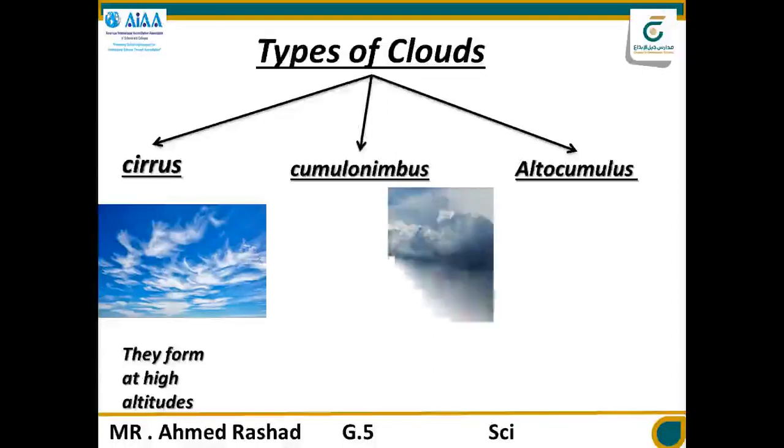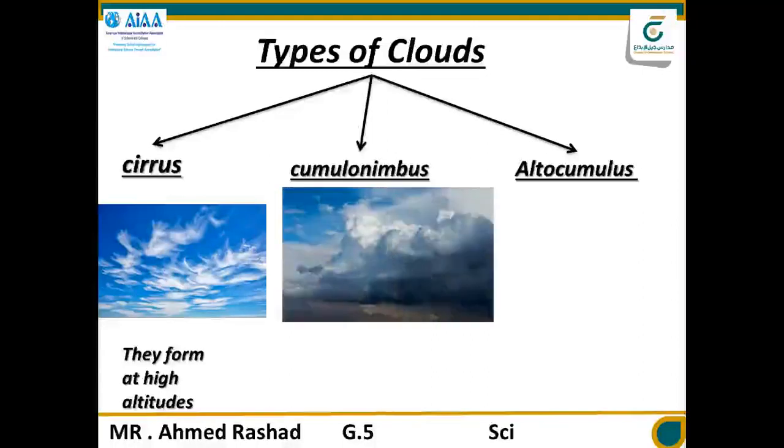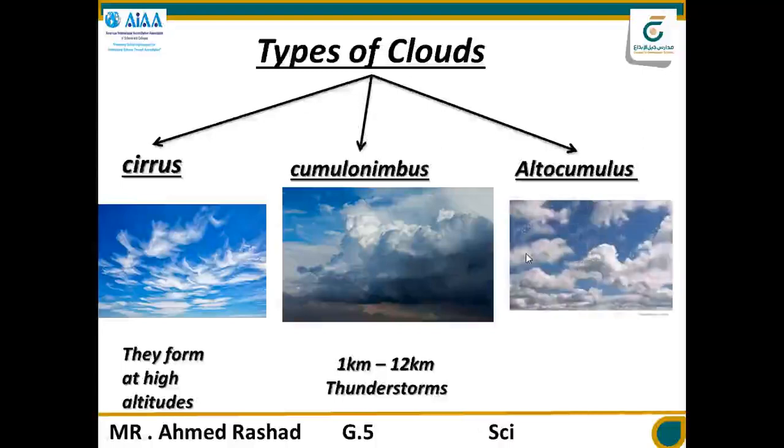Number two, cumulonimbus, is the largest type of cloud, containing thunderstorms, and is found from 1 kilometer to 12 kilometers. And altocumulus contains rain or water drops and is found from 2 kilometers to 7 kilometers, in the mid level of the atmosphere.